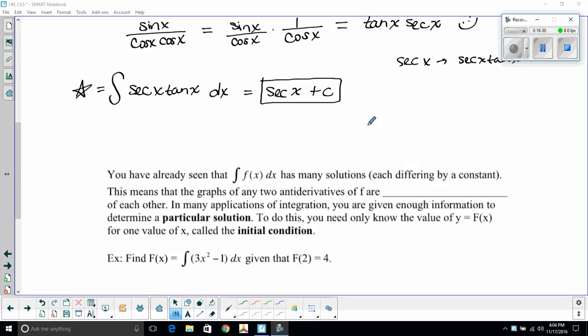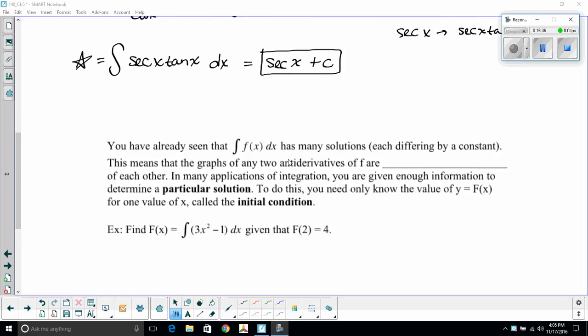All right, so you've already seen that the antiderivative of f of x dx has many solutions, each differing by a constant. This means that the graphs of any two antiderivatives are what? Well, they'd be kind of parallel would be the idea behind it, because they only differ by a constant.